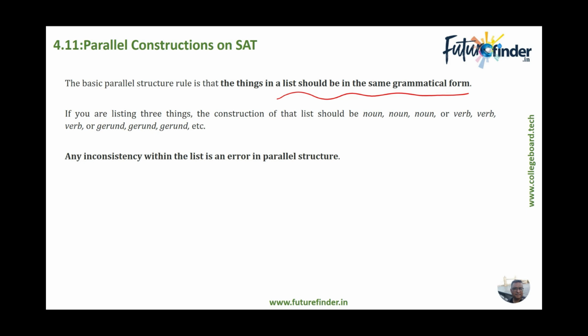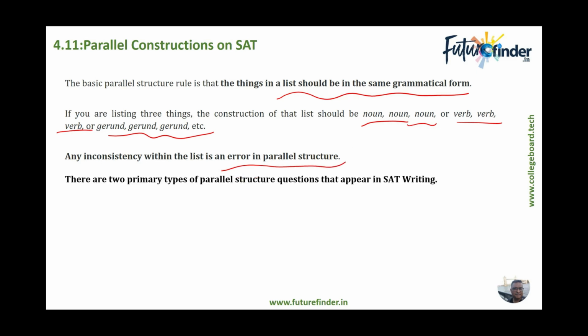It might be a noun-noun form, a noun-noun-noun form, maybe if there are 3 parts, verb-verb-verb, or a gerund-gerund-gerund form, etc. So there are basically 2 basic inconsistencies that we might find in a parallel sentence.